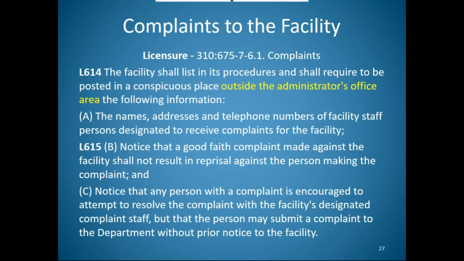They should be put somewhere where whoever is looking for this information will not feel intimidated by going to look at it, fearful that someone's looking over their shoulder, wondering what they're doing or getting ready to give them a hard time because they're looking at the information. So think very hard about where you post these documents.